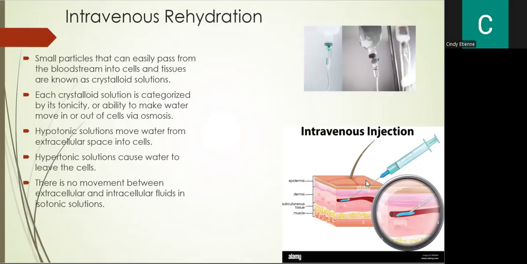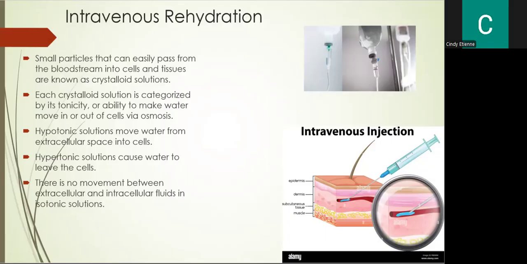So if you give them a hypotonic solution, the water moves into the cells, causing the cells to swell. These fluids are used when cells are dehydrated, but they should be used cautiously because too much swelling can be dangerous, especially in the brain.